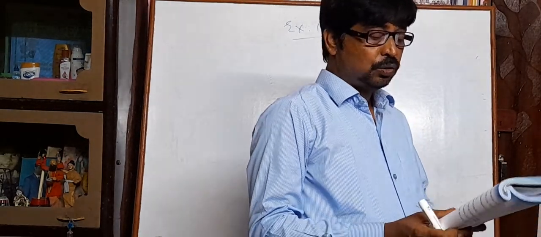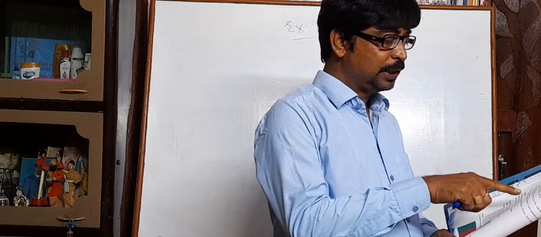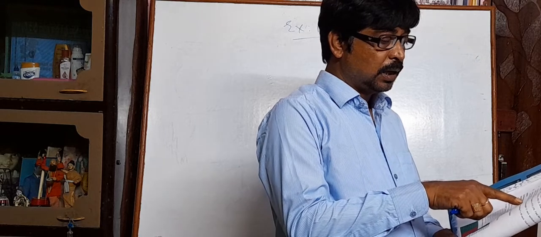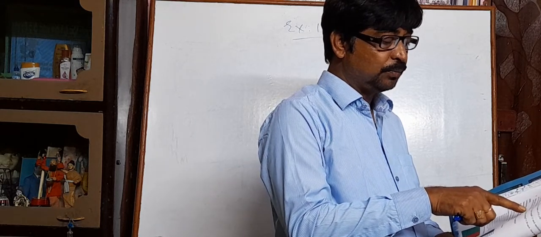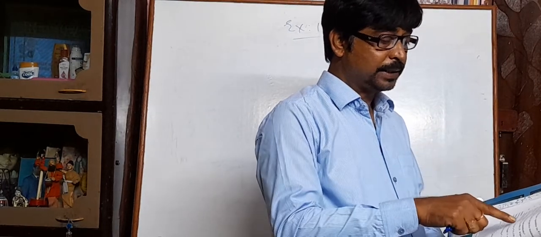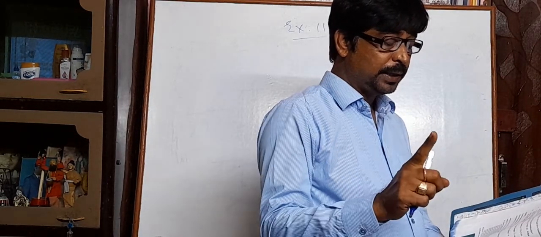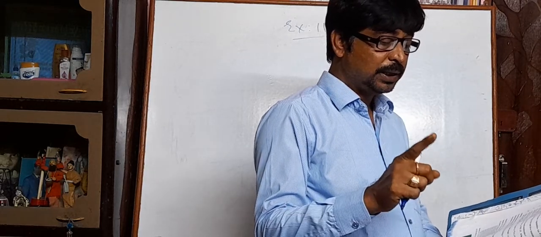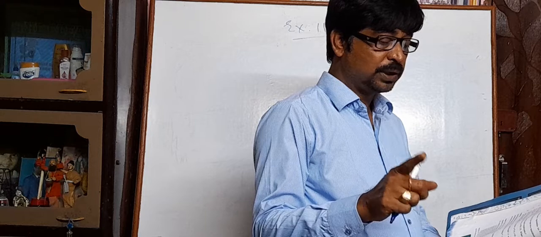So what do you have to do? Shubham bought 6 pens costing rupees 23.25 each, which means the cost of one pen is rupees 23.25. What will be the cost of 6 pens? 23.25 into 6.